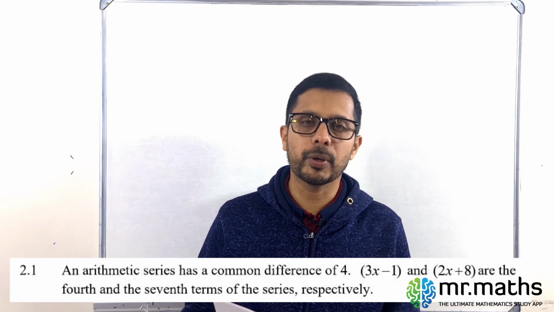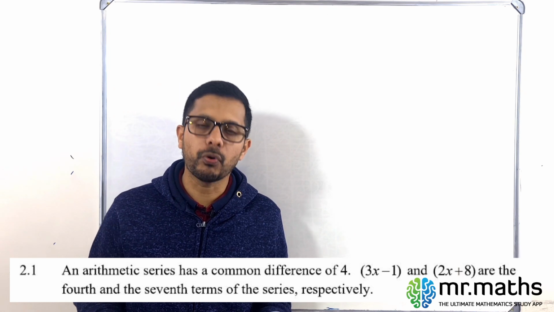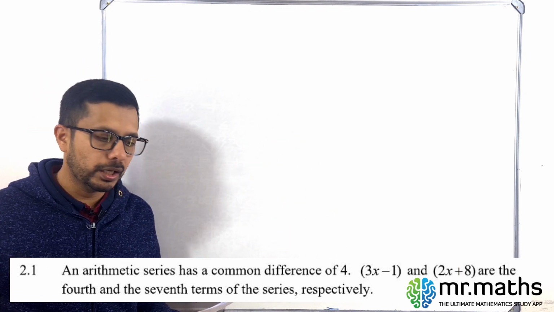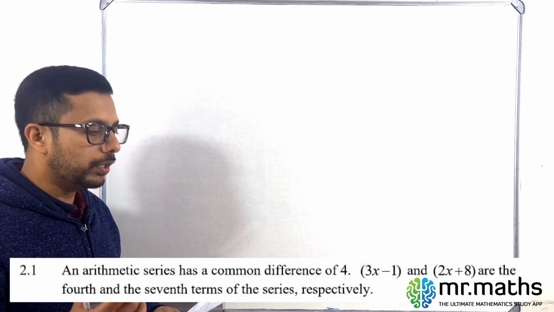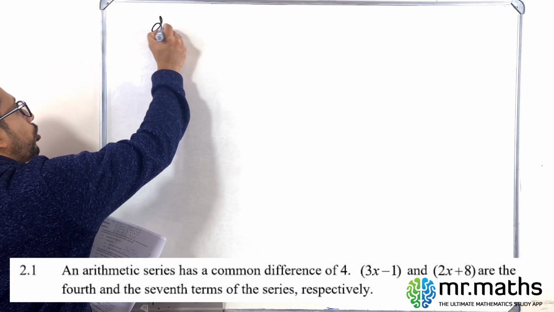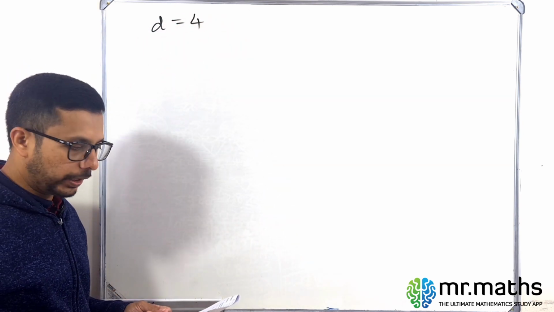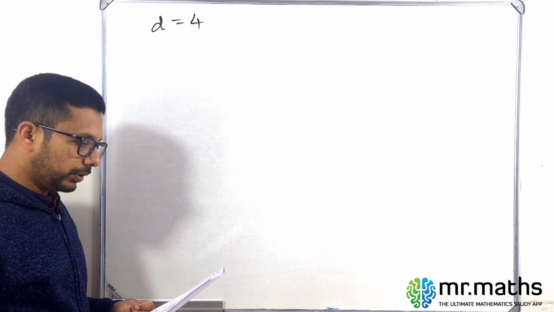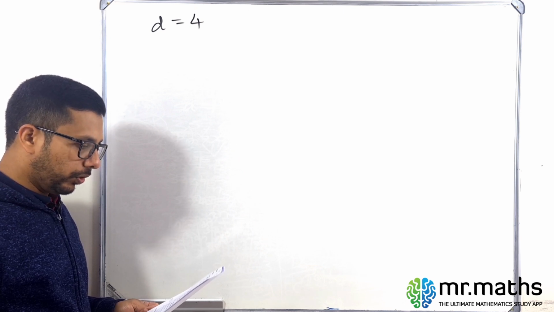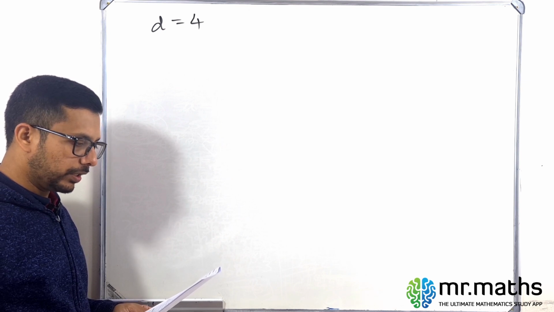Let's start question number 2. An arithmetic series has a common difference of 4. So we are talking about an arithmetic series, and the common difference is directly given as 4. Now 3x minus 1 and 2x plus 8 are the fourth and seventh terms of the series respectively.